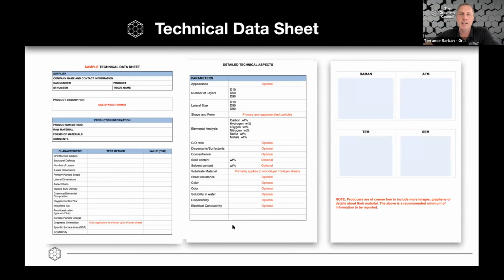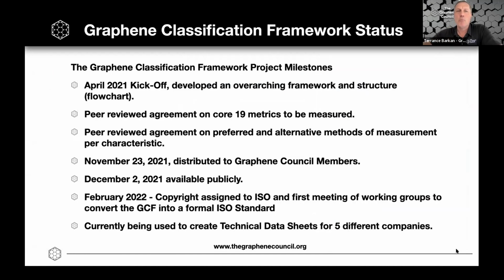That's why they're not in our Graphene Classification Framework, but you can add them as a producer if you wanted to add those values. And then we have imagery, including Raman, AFM, SEM, TEM images that should be on any technical data sheet, in our opinion. And so we offer up this format of technical data sheets for companies to use so that they will then be consistent in commercial use. This is all part of the Graphene Classification Framework.